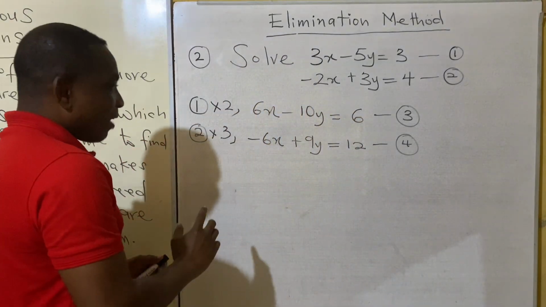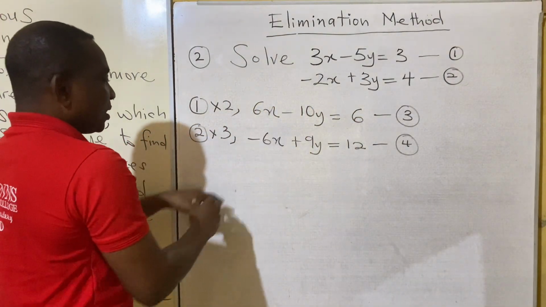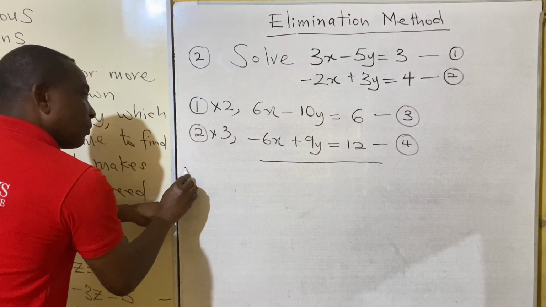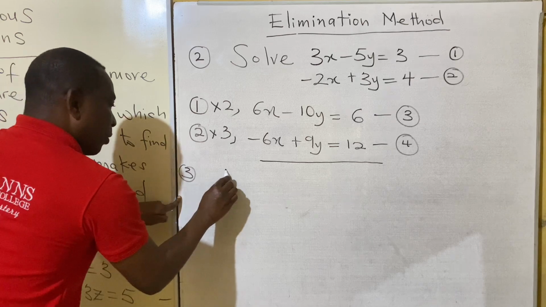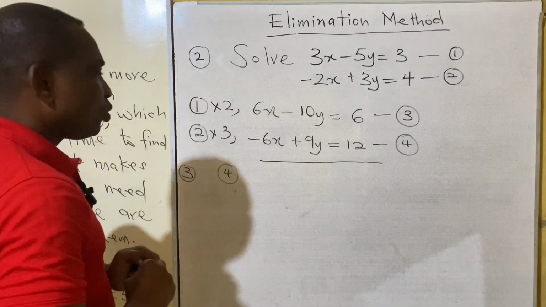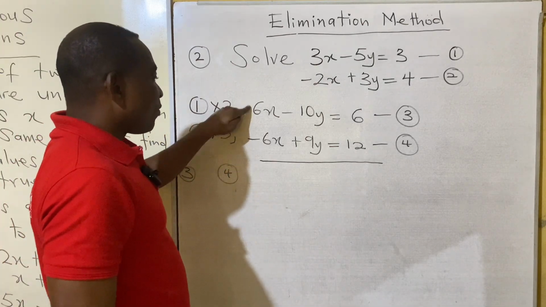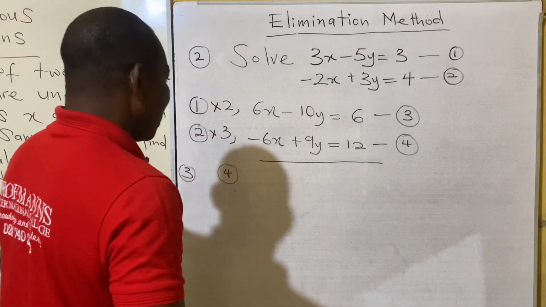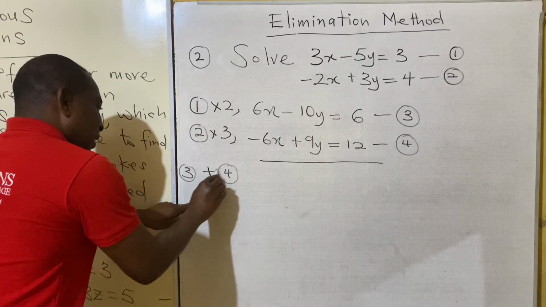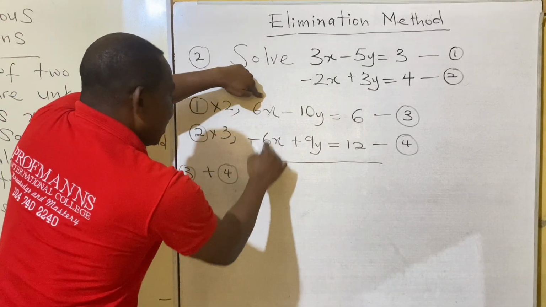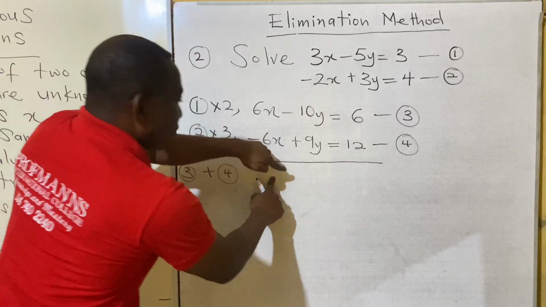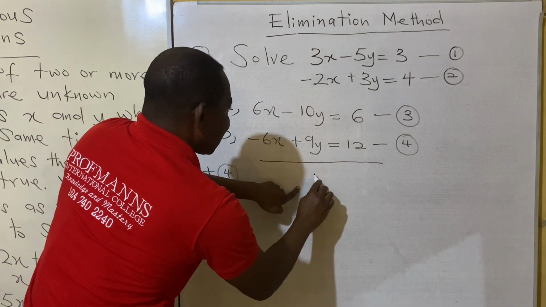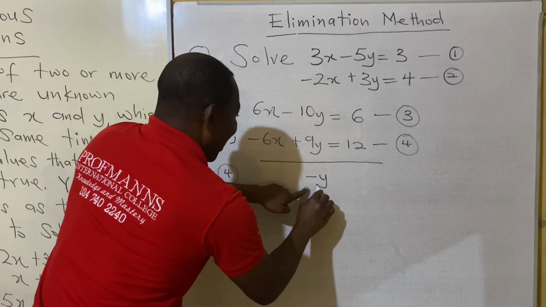So we now have the coefficient of x to be the same. So we write equation 3 and then we write equation 4 here. Now, what do you observe here? The signs of the coefficients are different. So we need to add in order to eliminate. So we bring the addition sign here. When you add this, you eliminate x, so you don't write. When you add this to this, it gives us minus y.